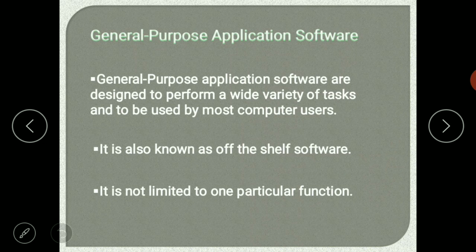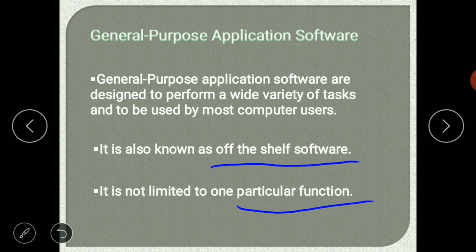It is also known as off-the-shelf software, meaning something that is in stock and not customized, that you use at home and school. It is not limited to one particular function.